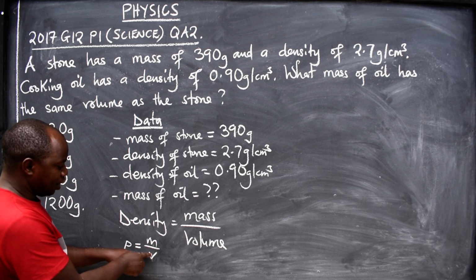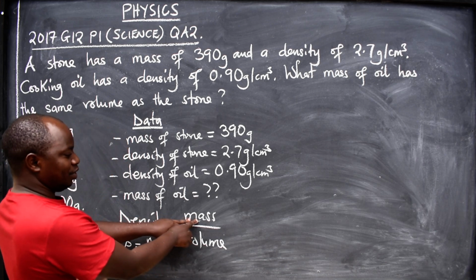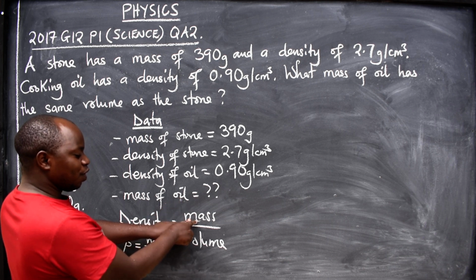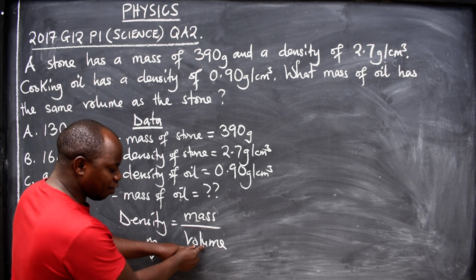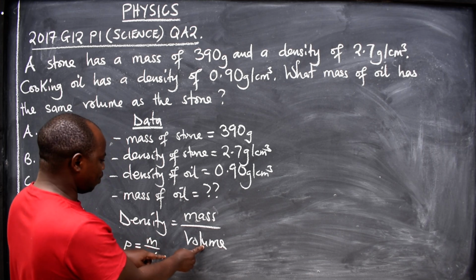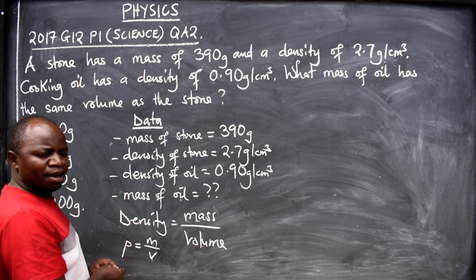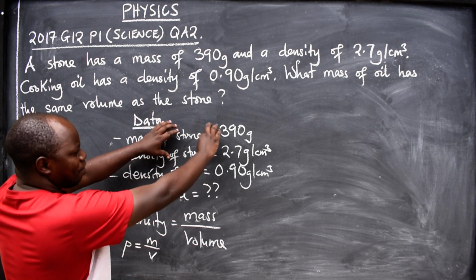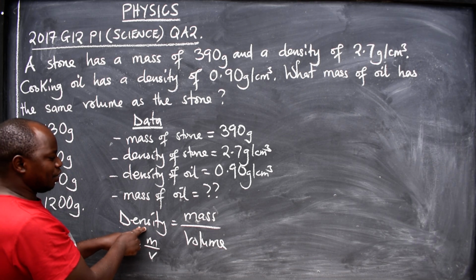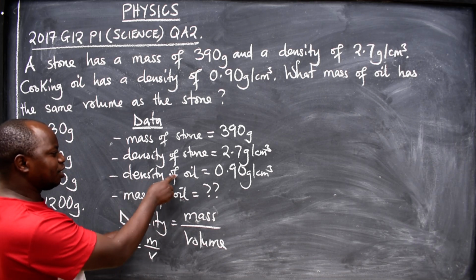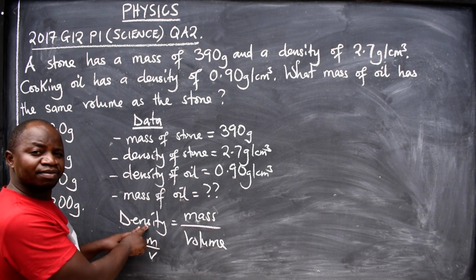Now, to get the mass of oil, you need density and volume. For me to get the mass of oil, I should be given volume. I should also know density. But looking at the information here, do I have the density of oil? Density of oil is given, yes.